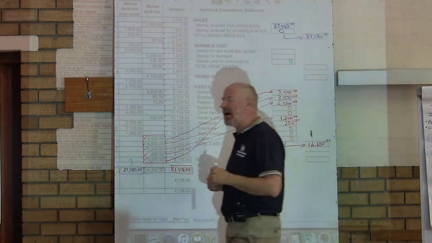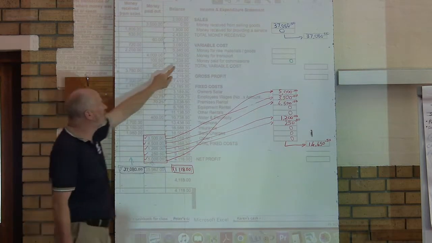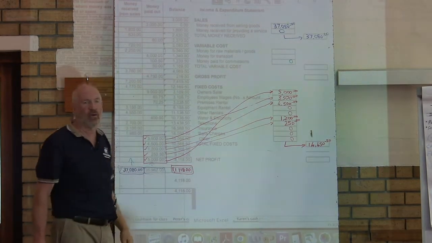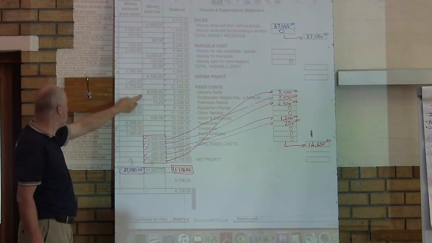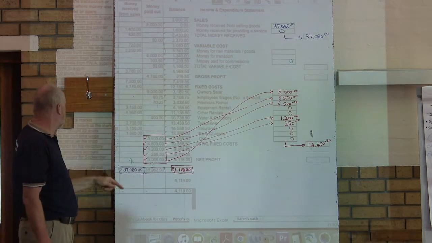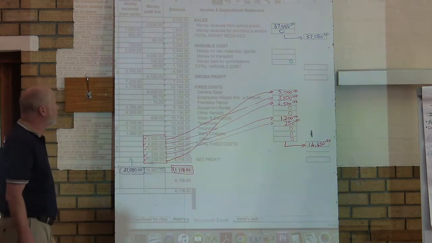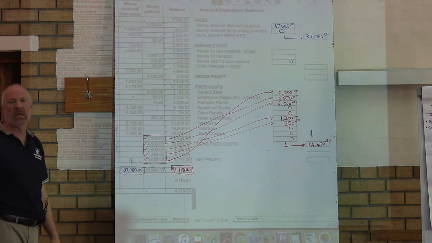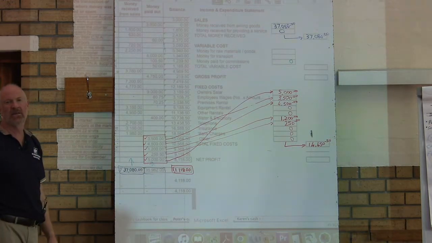Then we are left with two items to identify: the total money paid out for transport and the total money paid out for raw materials. So we go through here and we say, are there any items that were paid, where there are any transport items? Yeah. Which one is it? Say again? 23rd of the 9th. What was the amount? 400 rand.